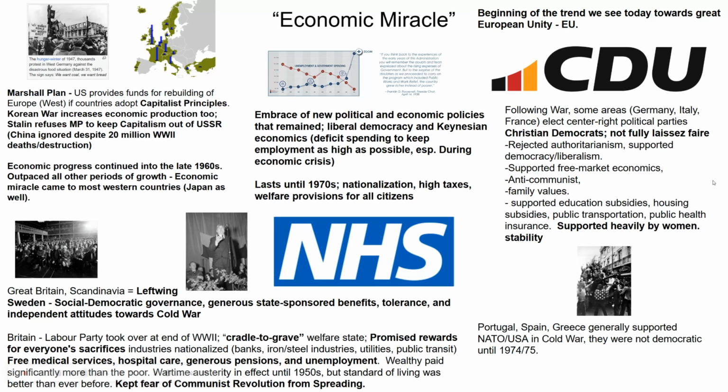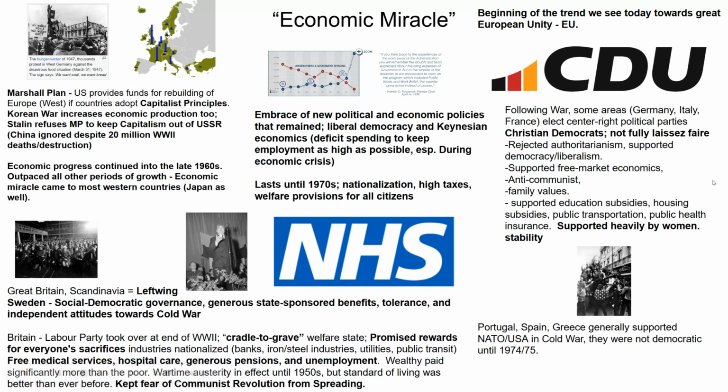They are called Christian parties because they rejected authoritarian dictators, but they supported family values and things that a family might support, such as education subsidies, housing subsidies, transportation, and public health insurance. These parties were particularly supported by women, who were now voters and had a growing amount of political power.